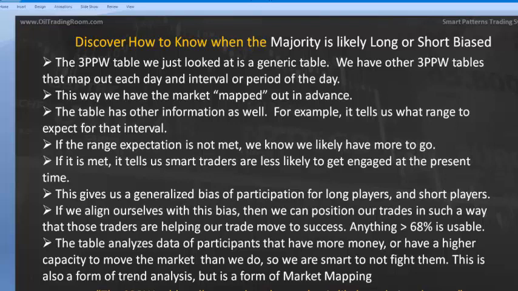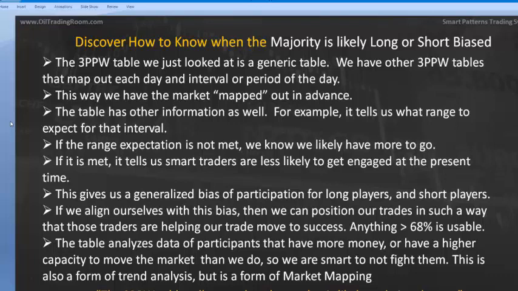And so the table has some other information in it as well, like it'll show you what the ranges are for that interval. So range expectation for that interval is a measure of opportunity, right? How much opportunity is there in that sequence? So if you know the range expectation and it's presently not met, you know that you have more to go.